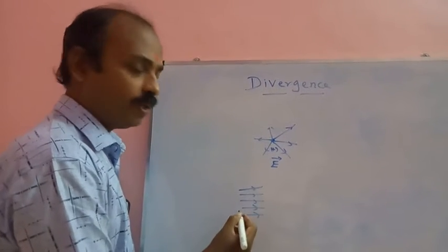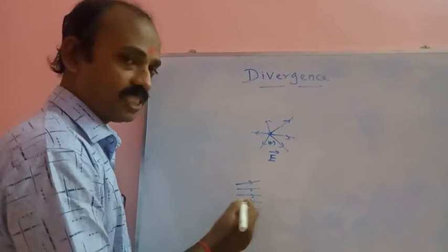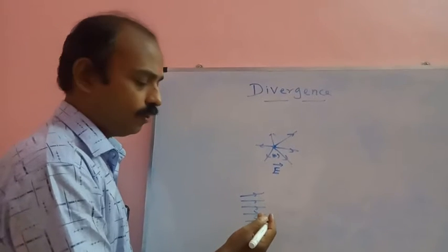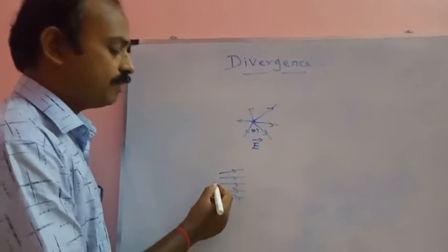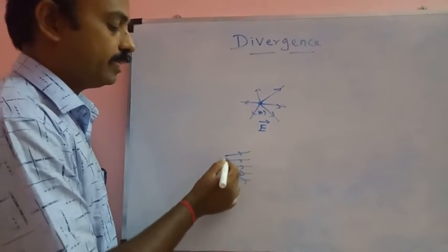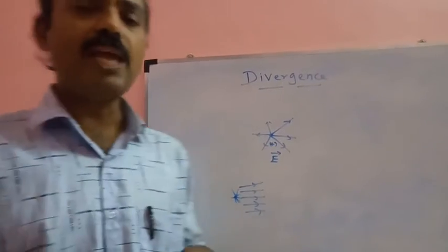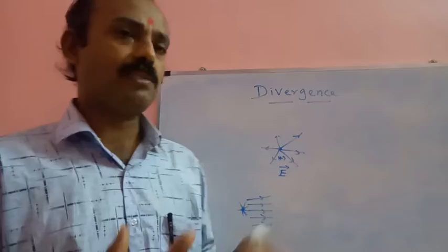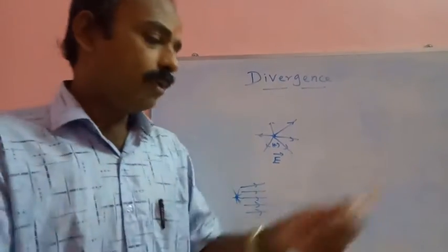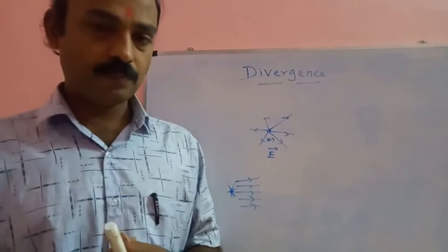So you consider one point. Maybe this water is a streamline flow. If it is unsteady, that is turbulent, it may be extended like this. So this is also divergence. This is the second way to explain this divergence.